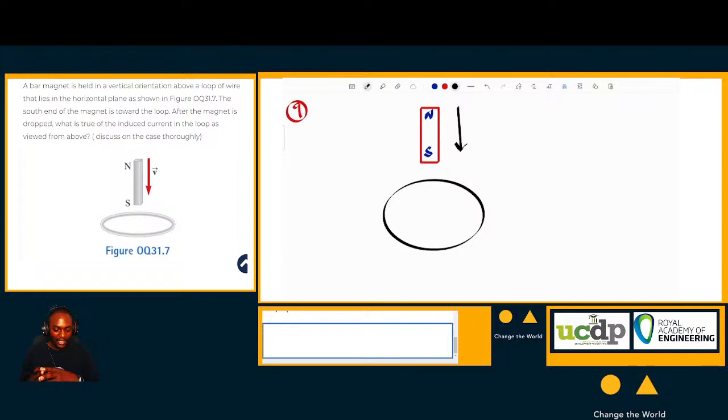As that magnet is falling towards the loop, is the magnetic flux in the loop going to be increasing or decreasing?